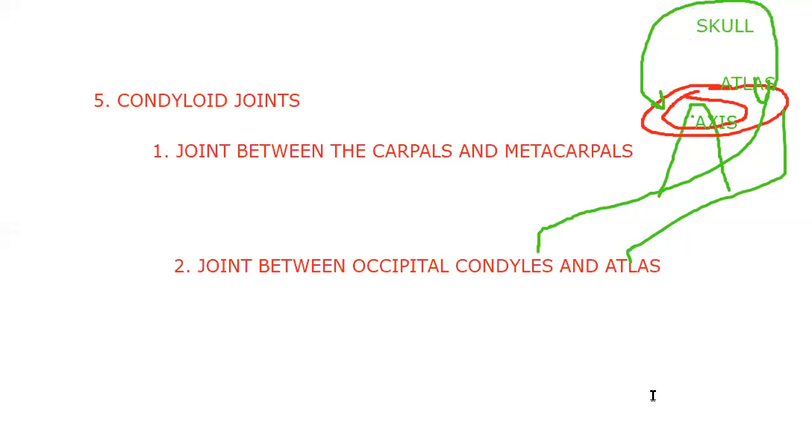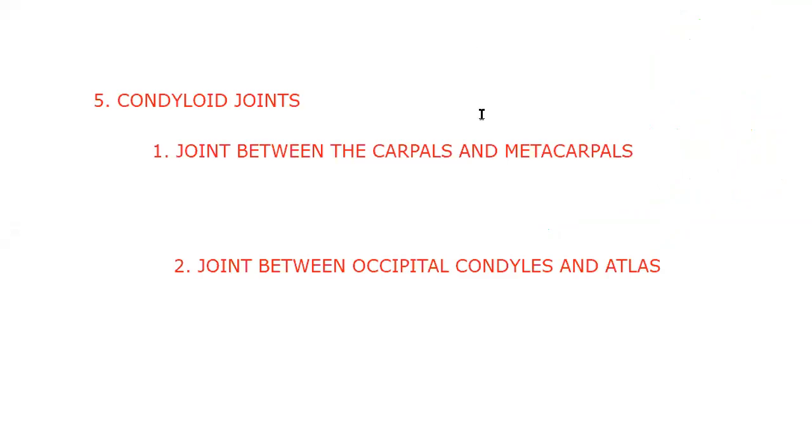No matter, this kind of diagram cannot be allowed in public examinations. I'm showing this just for the theoretical issue, and we'll go with various diagrams after this. So the condyloid joint is over, the joint between the occipital condyles and atlas.